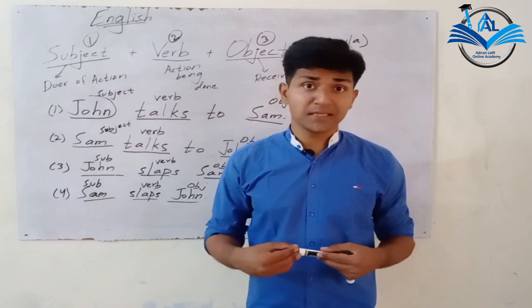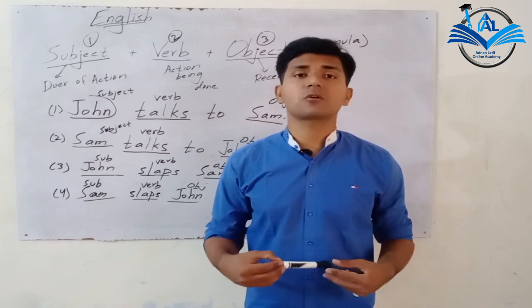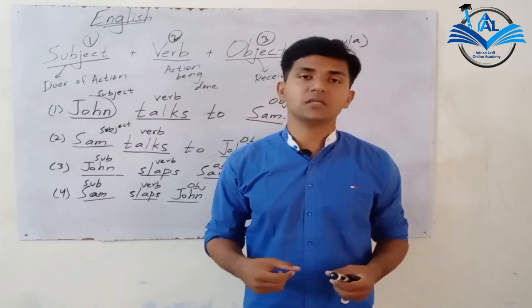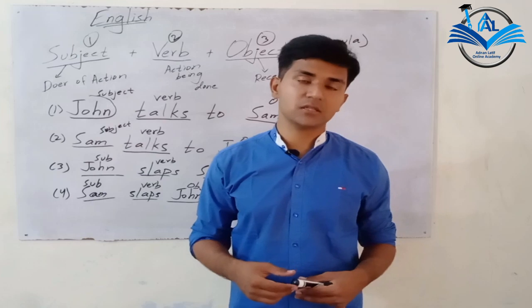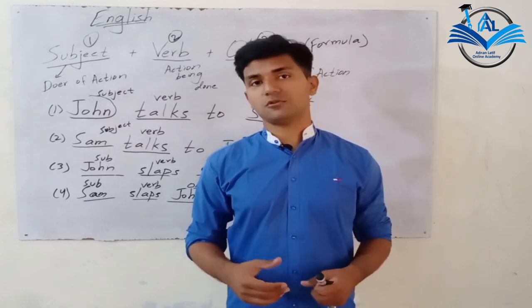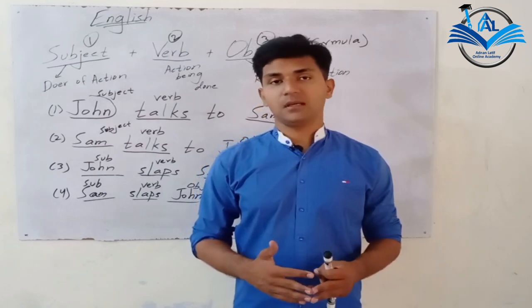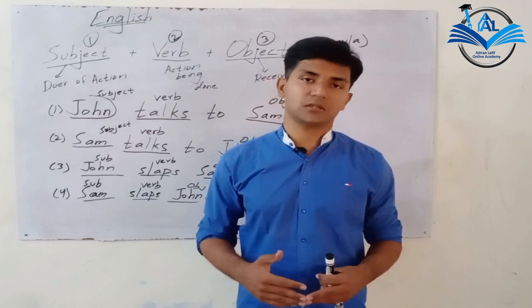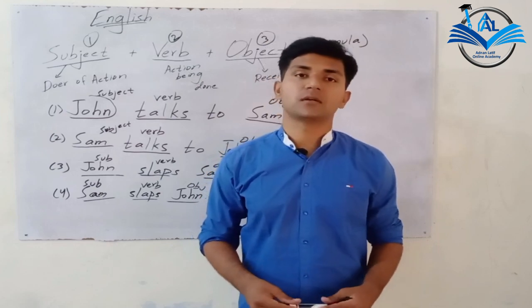So here teacher is subject and his talking to his students is the verb. His action is that he is delivering a lecture. And the students who are being taught by the teacher are the object.